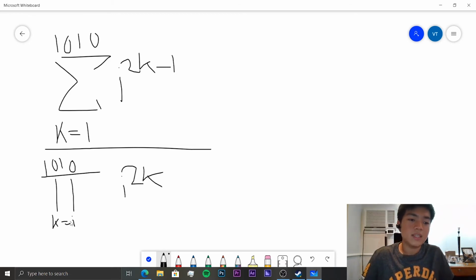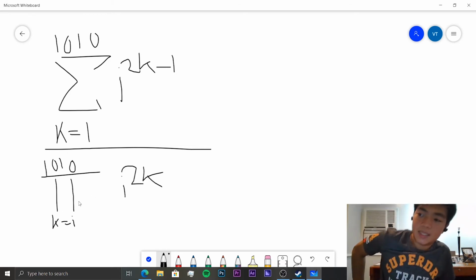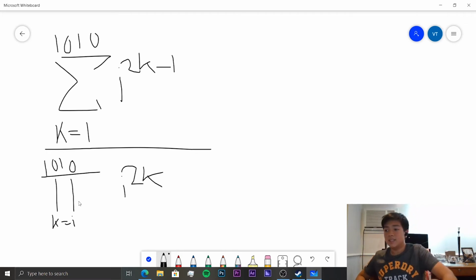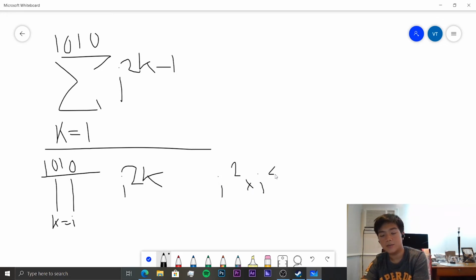If you don't know what this pi symbol means, it's the product of all of these numbers. So we need to get i to the 2 times i to the 4 times i to the 6, and so on.